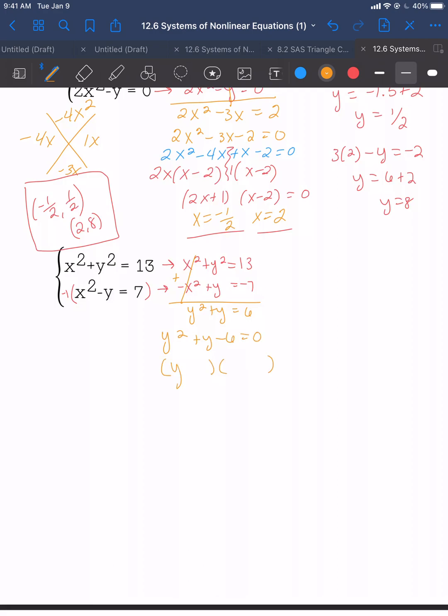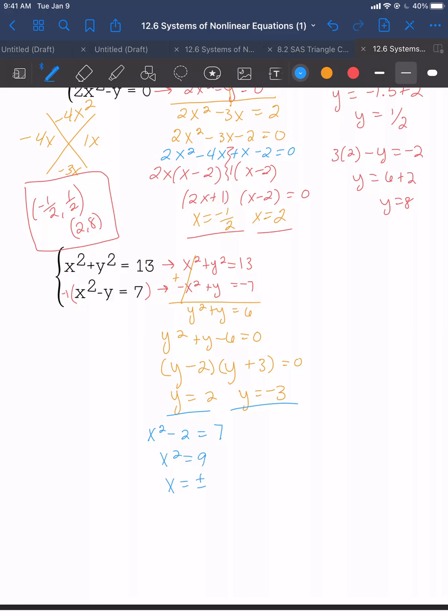We factor that into a combination of 2 and 3, with the 3 being positive. So y equals 2 and y equals -3. So now we know what y is. We can plug back in to figure out what x is. So if we just do x squared minus 2 equals 7, that's x squared equals 9.